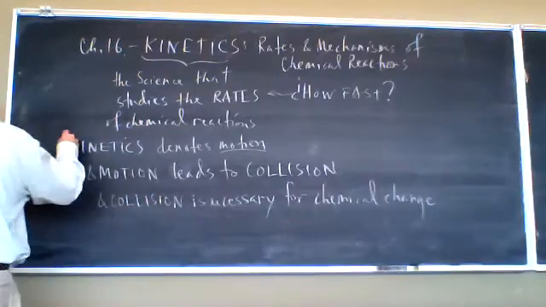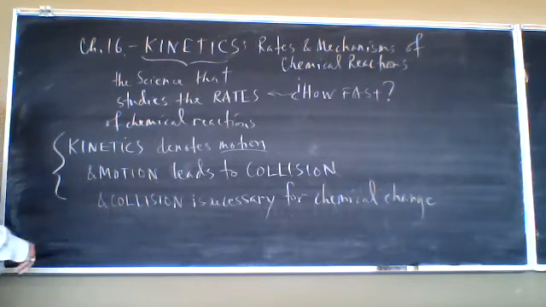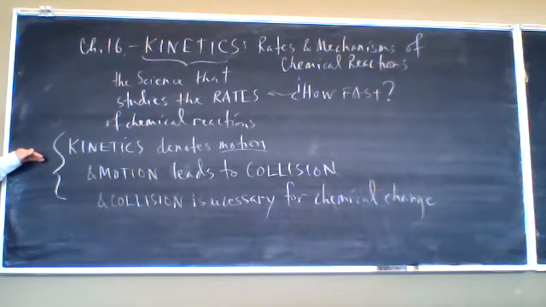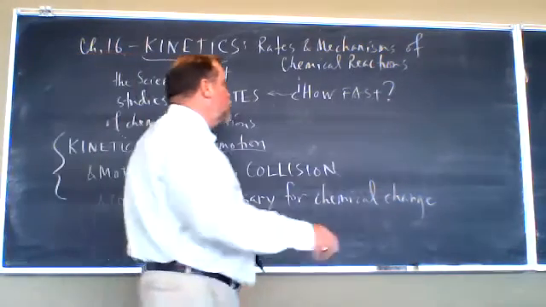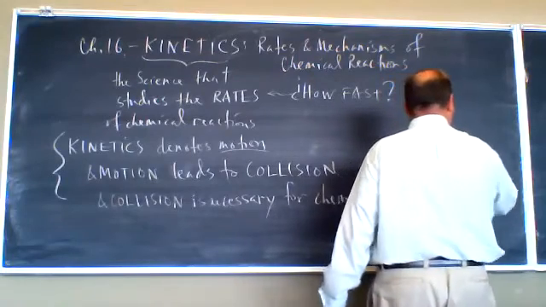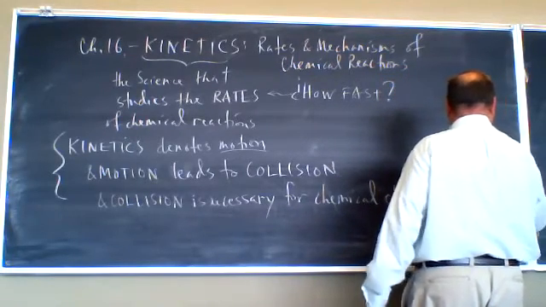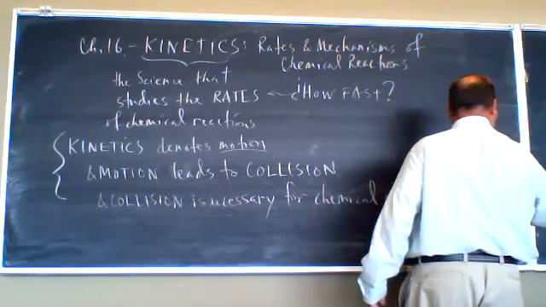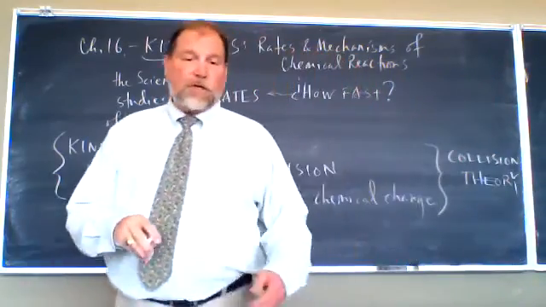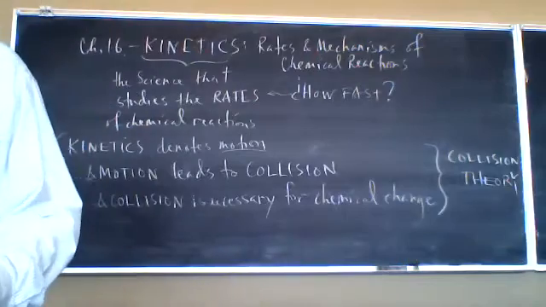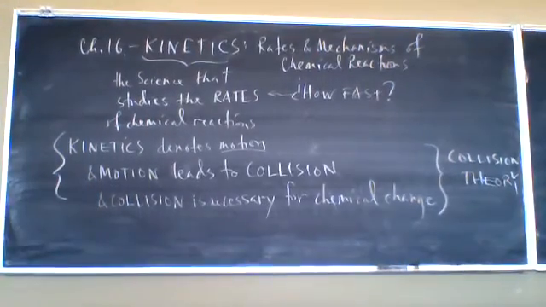And so, in order for chemical change to occur, there has to be collision. The collision comes from the motion. The motion is denoted by kinetics itself. And so it's just like eventually meeting your perfect soulmate or your perfect significant other.